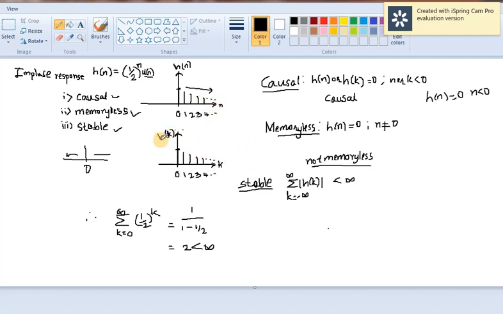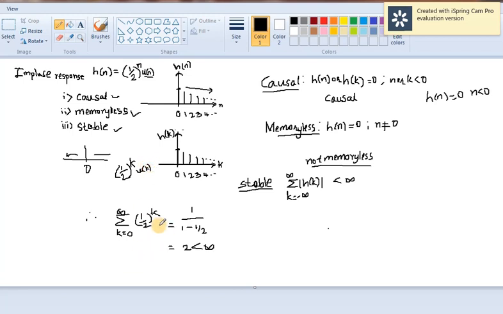So this h of n becomes h of k, which is nothing but 1 by 2 raised to k, u of k. As we know, this u of k means right hand side.